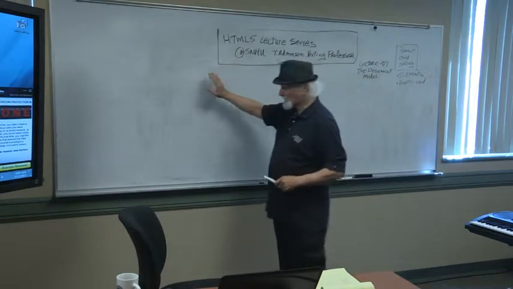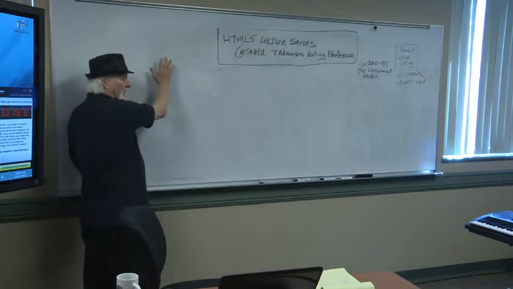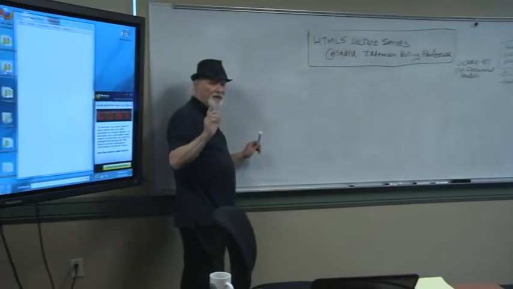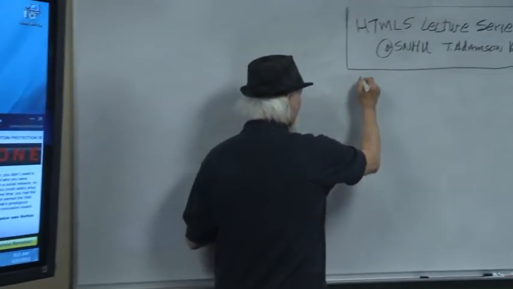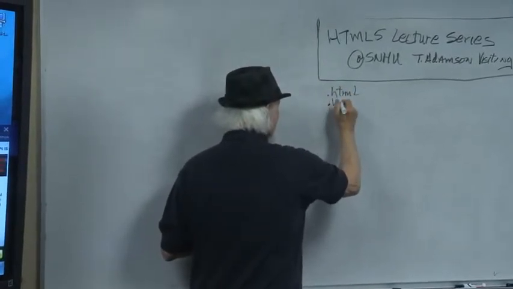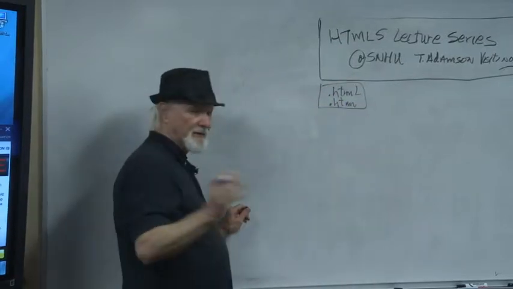So I'm going to start over here, and I'm going to start a typical structure of a web document. And the web document, keep in mind, is nothing more than a text file. It does have the extension .html or .htm, but what it really is just a text file.